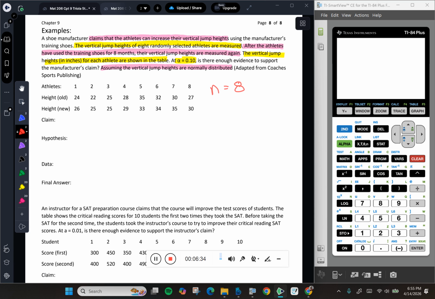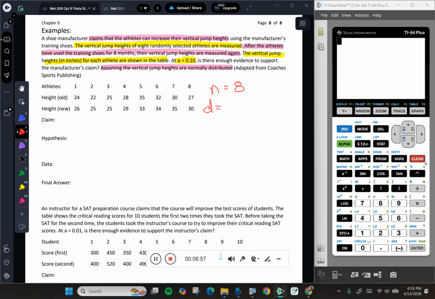Okay. Now here's where things get really difficult. My claim has to be about the mean of the differences, right? But before I can make a claim about the mean of the differences, I'm going to define what differences means here. So what does D, the difference, mean?